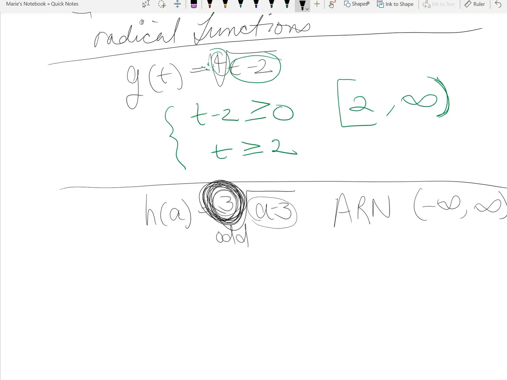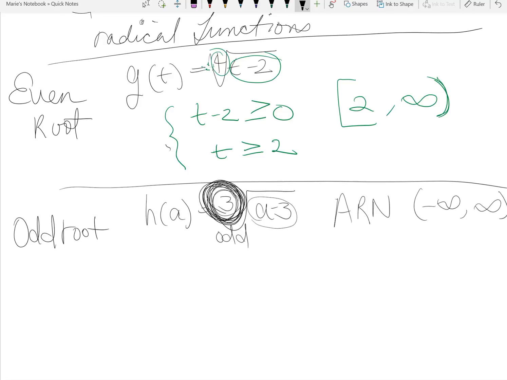It has to be a 1, a 3, a 5, 7. It has to be an odd root. This one is an even root. Because it's an even root, we can apply this process. This one is an odd root, so we know it's from negative infinity to positive infinity.